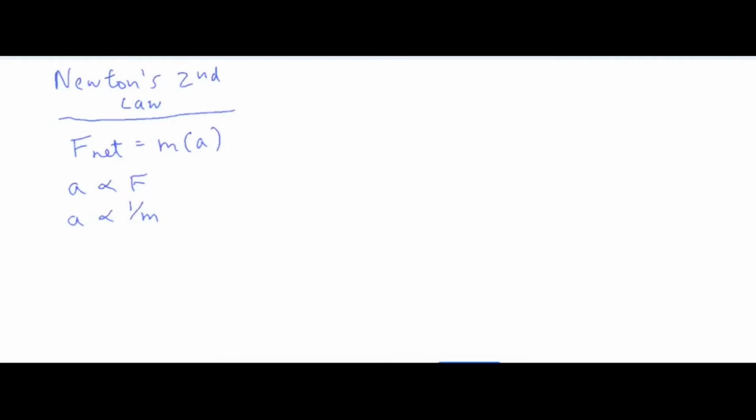So with Newton's second law, it is basically the formula and ideas within the F net equals ma formula. So it's saying that the net force, the overall forces acting on the object, equals the mass times the acceleration, which shows you that the acceleration is proportional to the force and that the acceleration is proportional to the inverse of the mass, which is basically saying that acceleration is inversely proportional to the mass.